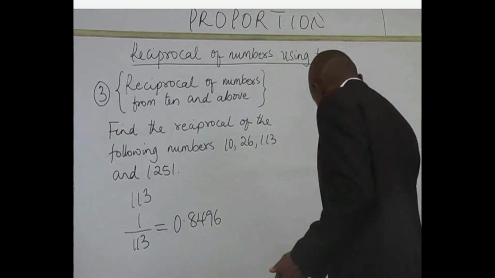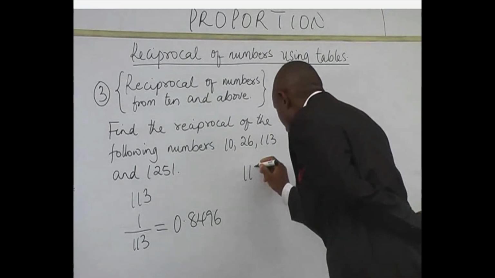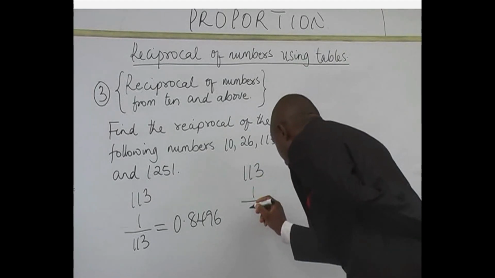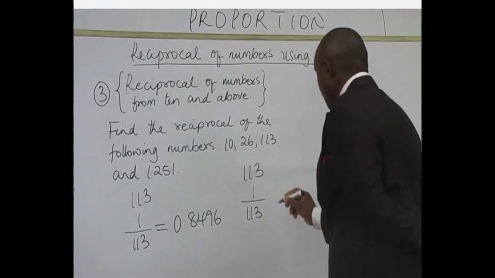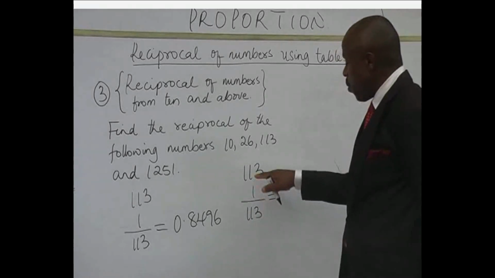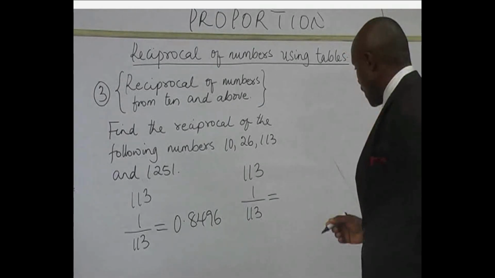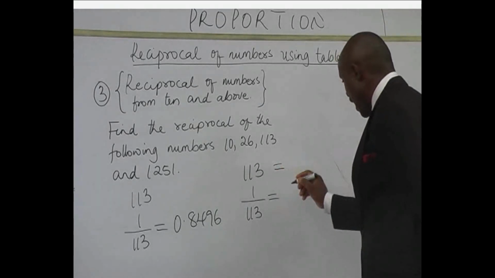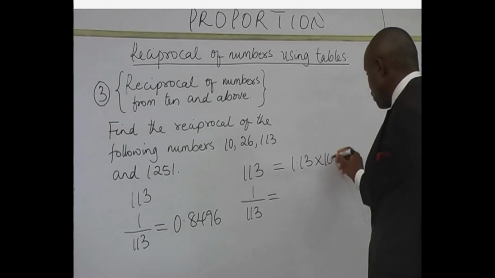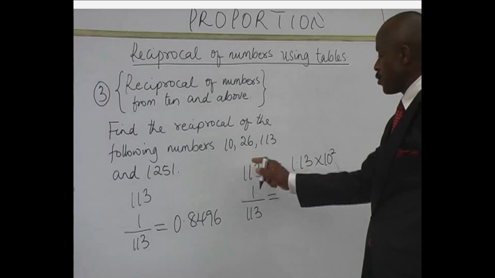So let's see if we are going to get the same thing using our table. We have 113, to find its reciprocal, which will mean 1 all over 113. Now write 113 in standard form. If you do so, you're going to have 1.13 times 10 raised to power 2, because you moved the decimal across 2 digits.